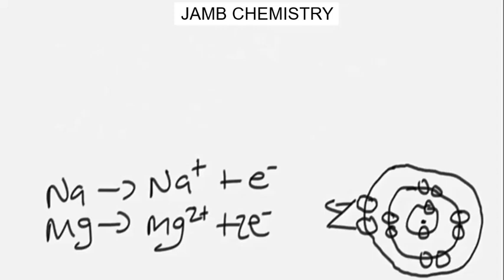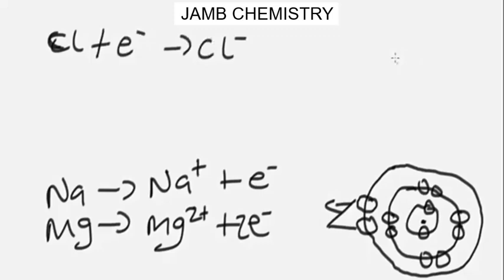Okay, a chlorine atom is in group 7, so it gains 1 electron to form a chloride ion with the same electronic structure as argon. Okay, so basically what will happen is that chlorine atom will gain 1 electron to form chloride ion.